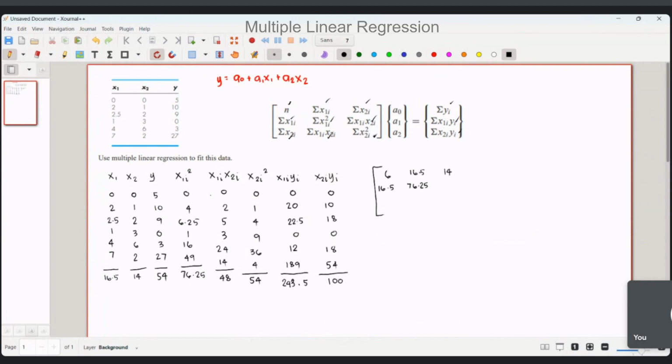X1, x2, that's 48. And x2 summation, that would be 14. x1, x2, that's 48. And x2 squared, that's 54. Right? We have our full matrix here. That's a sub 0, a sub 1, a sub 2.